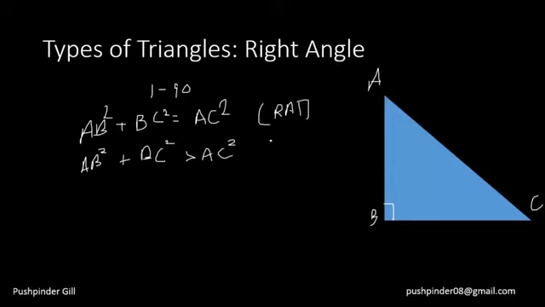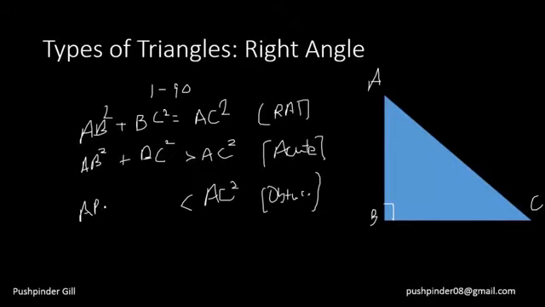Now similarly for an obtuse triangle, it would be the same thing, just that this would be less than the AC square. So actually the right angle triangle strikes a right balance between the two small sides and the greater side. So this is all about these three different types of triangles when we measure them in terms of their sides or in terms of their angles.